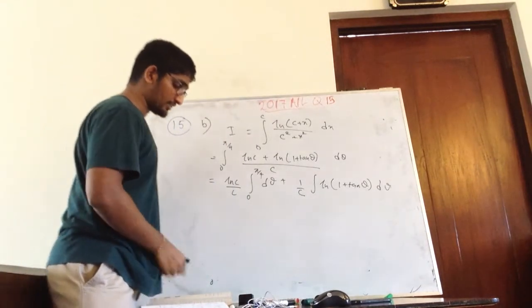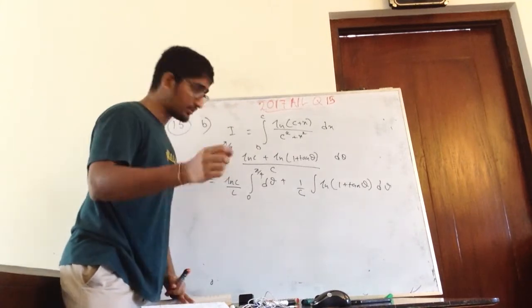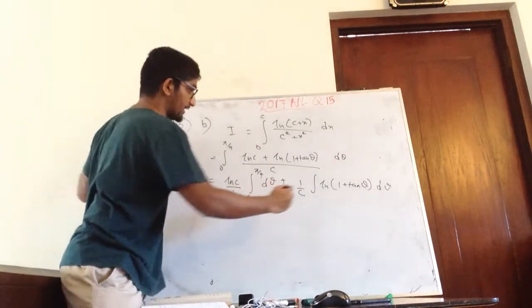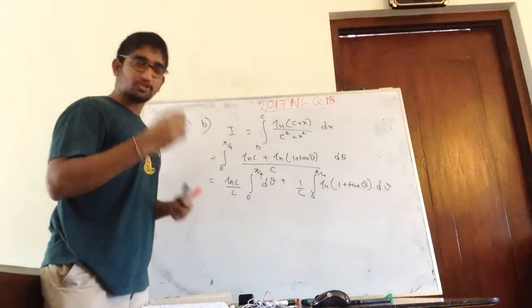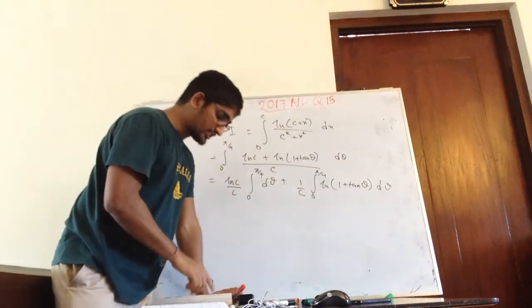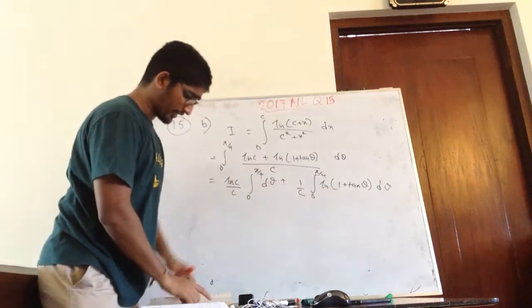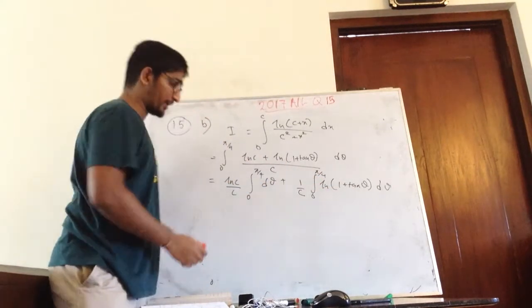So if you see this, they have given something, they have given a J. So J is this part.